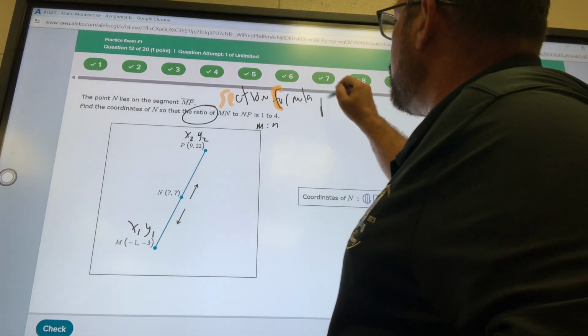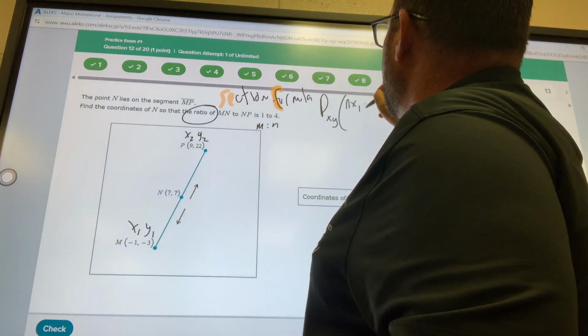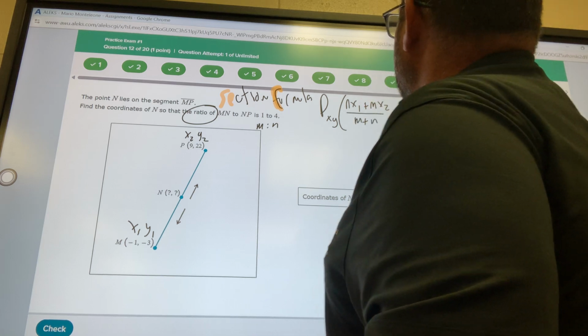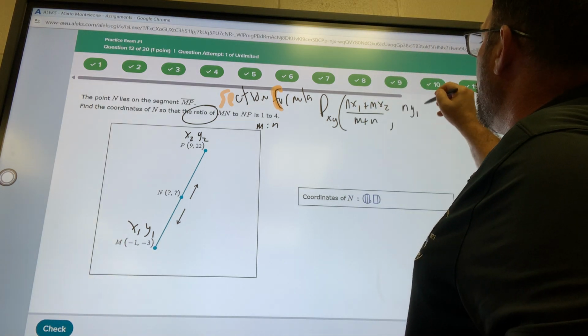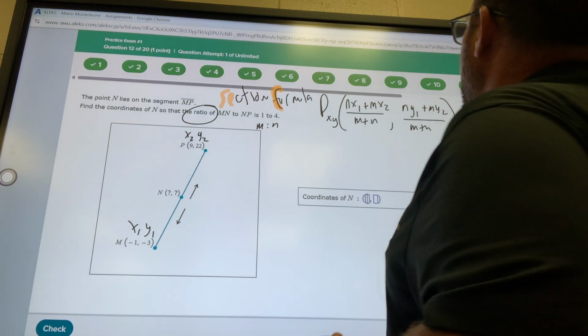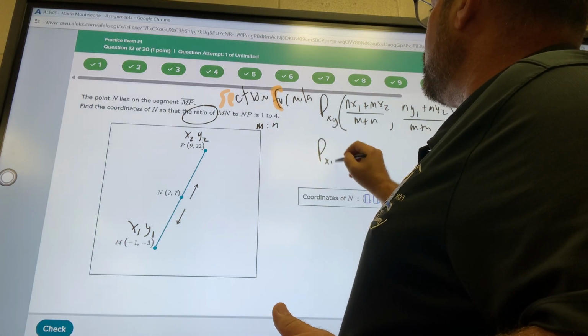When we solve this, we're solving the point of x and y. We have n x1 plus m x2 divided by m plus n. Over here, n y1 plus m y2 divided by m plus n. And now we start filling in those values.